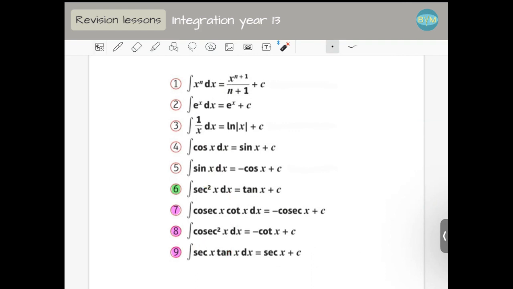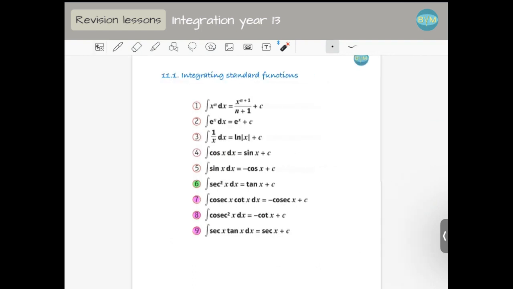I think you don't need to learn them by heart, but I would recommend you to remember that there are mix of cosec with tan and with cot, because then when you have a function like that in your working out, you will think, maybe this one is in the formula booklet. Even if you don't remember specifically which one it is, it gives you an idea of what is in the formula booklet. So keep an eye on that list.